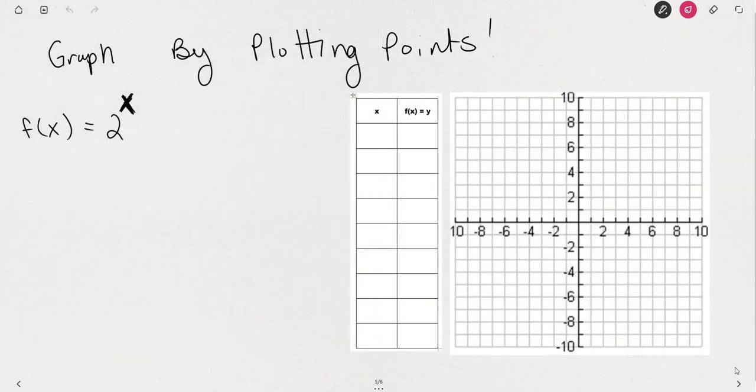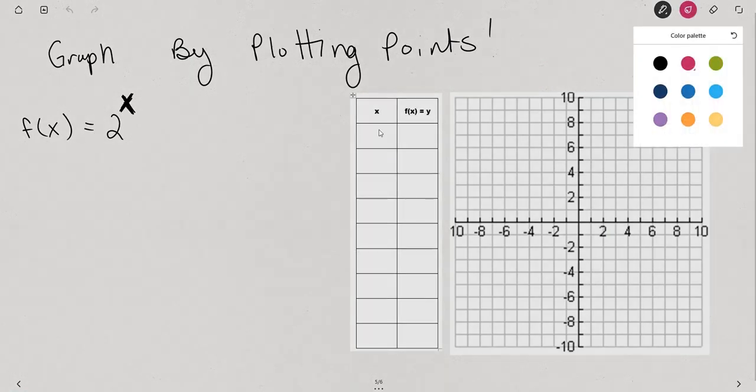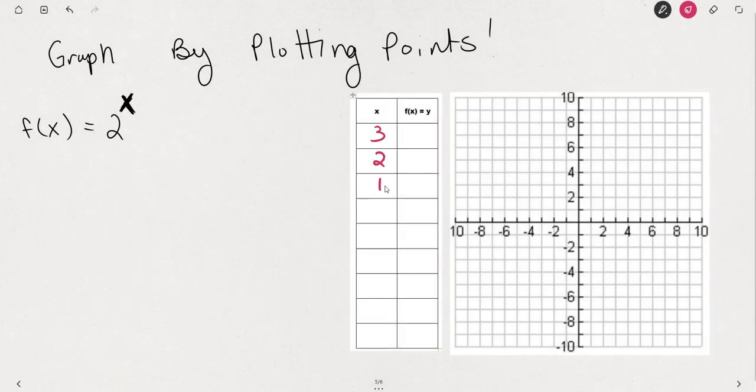Let's graph one more. This one is an exponential function. And for this one, I'm going to use the x-values negative 3, negative 2, negative 1, 0, 1, 2, and 3. So I'm going to find f of each of these.